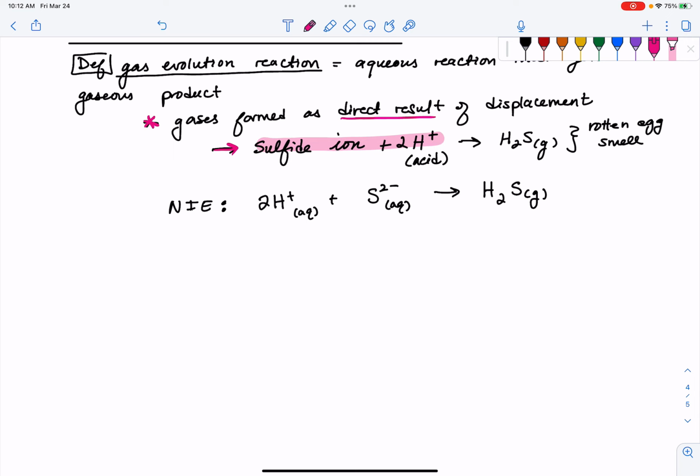Now the other way that gases can be evolved or made from solution is as an indirect result of a double displacement.